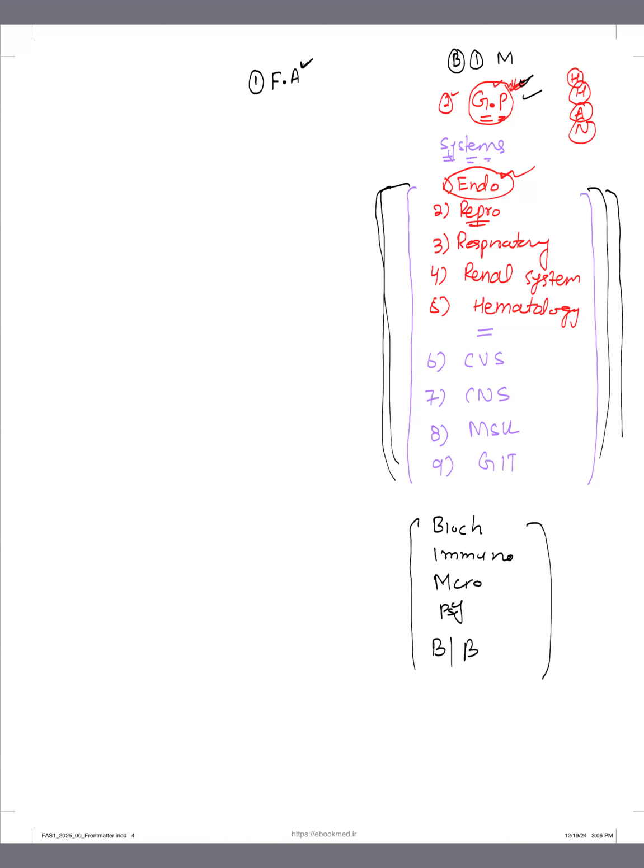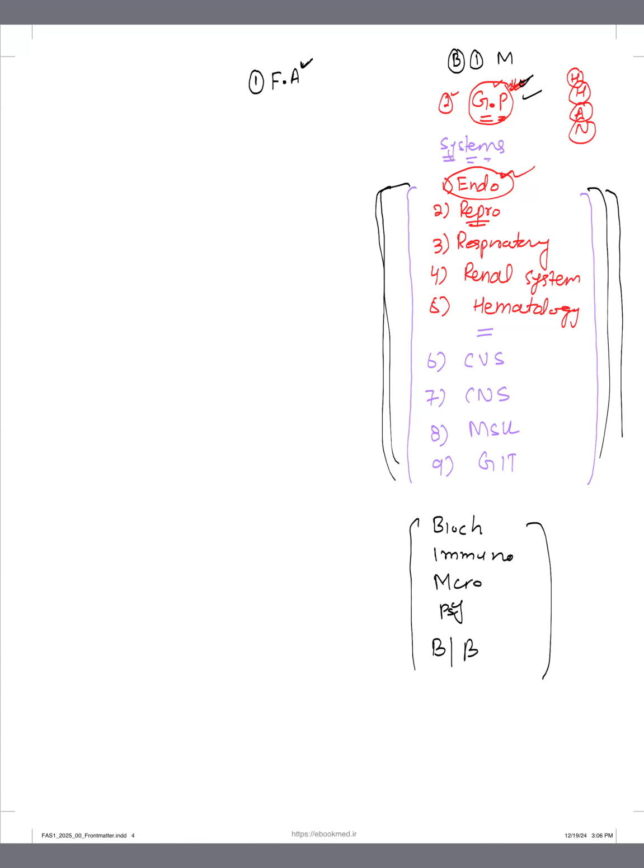When you start First Aid, you can follow this sequence. Some people start first from biochemistry, then immuno, then micro, and then they start the systems. You can choose according to your plan, but I think this is the best and easiest way to start.